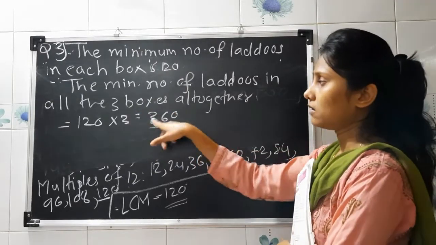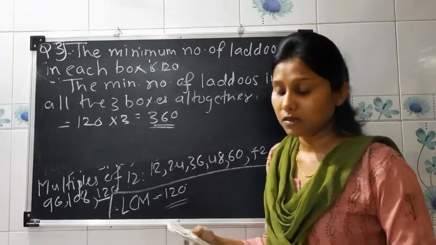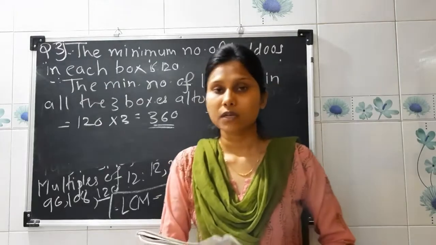There are 3 boxes, so 120 into 3. We got the answer 360. Okay, understood?